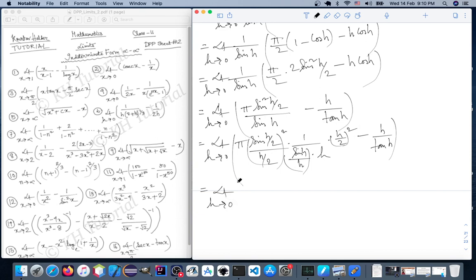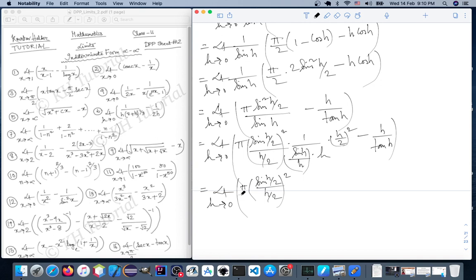This becomes limit h tends to 0 of pi times sine h by 2 whole square. Over here we have h square and below h and this 4.